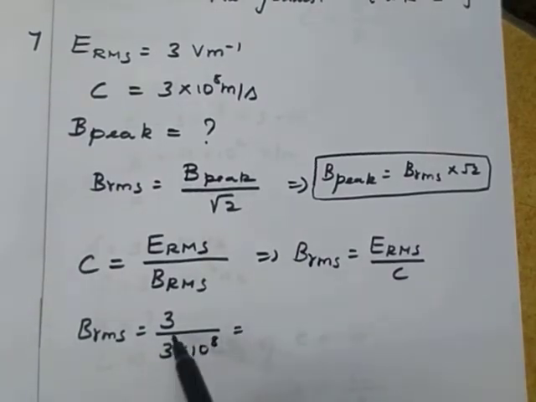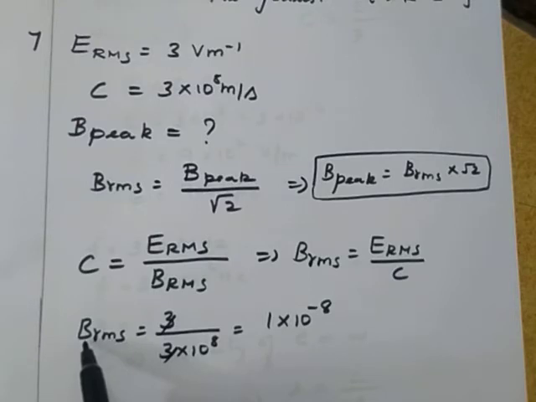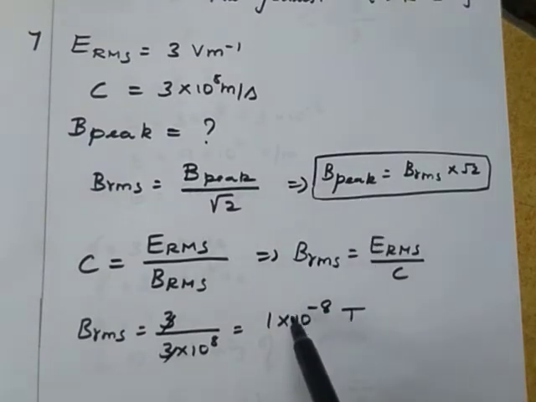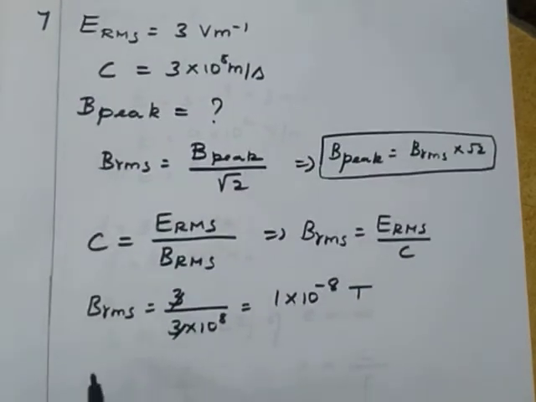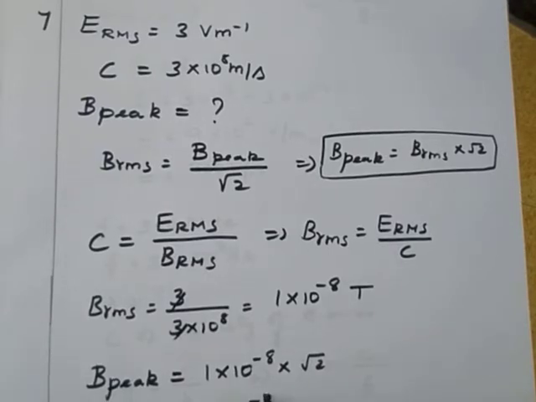On solving this we get 1 into 10 power minus 8 Tesla, the unit of magnetic field. We need the value of B peak, so B peak is equal to B RMS, 1 into 10 power minus 8, into root 2. We know the value of root 2 is 1.414.